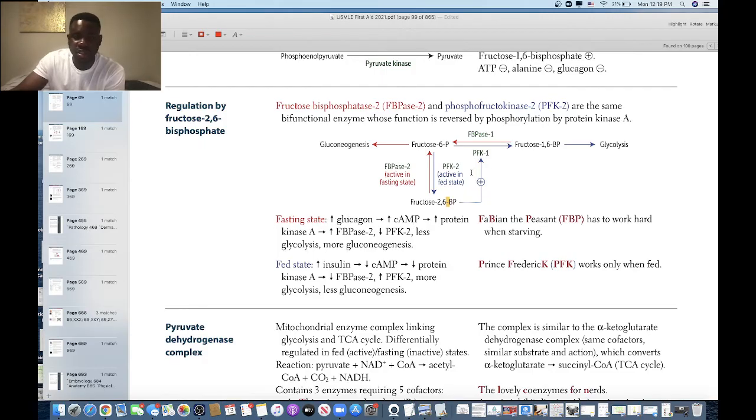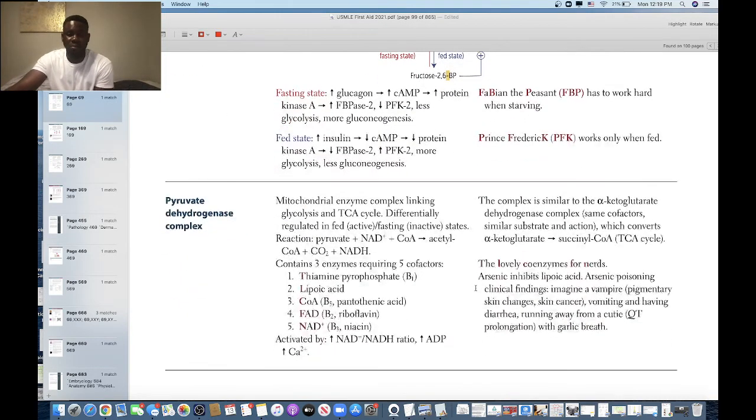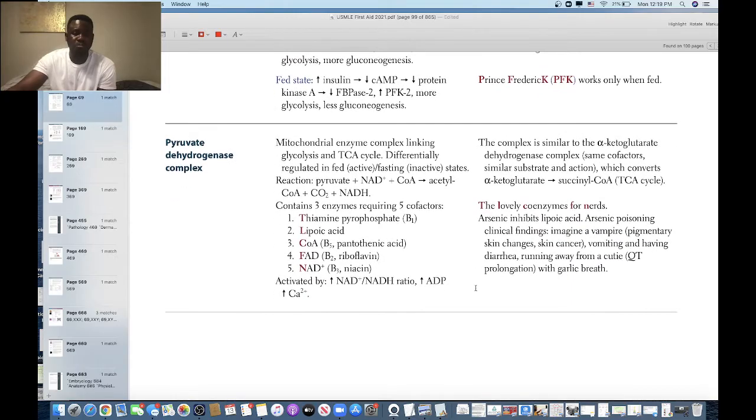So the fasting state will slow the whole thing down. In the fed state, everything will increase. So that should make sense. In the fasting state, you don't want to break down a lot of glucose. In the fed state, you want to break down a lot of glucose. So that is it.